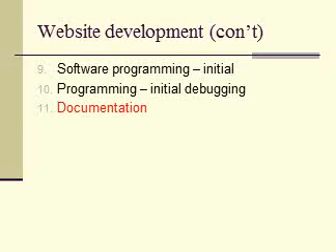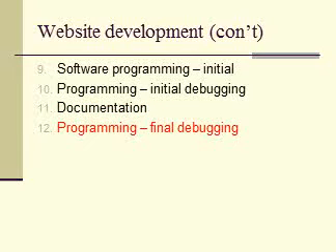Documentation. This is the preparation of users' operating manual or other guidance to be provided to the website user on how to access all of the functionality and information offered on the site. Programming final debugging.